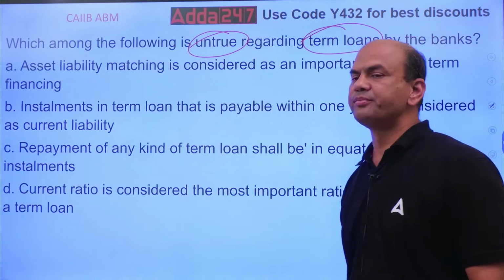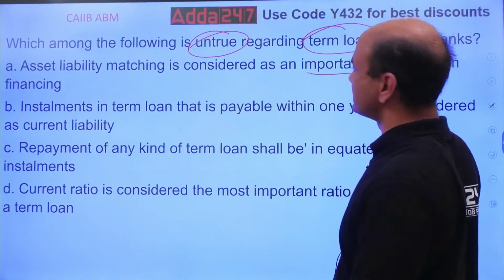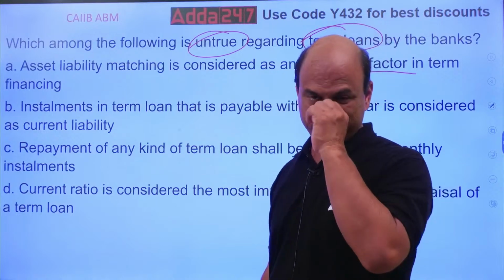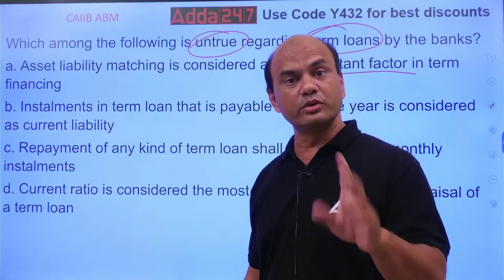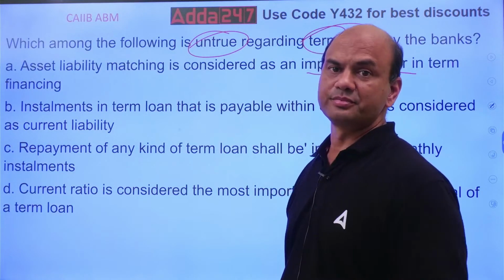What is the answer? Is asset liability the important factor? Yes, it is, because ALM is an important factor while giving any term loan. Otherwise, if there is a mismatch in the loans and the deposits, RBI will catch you.